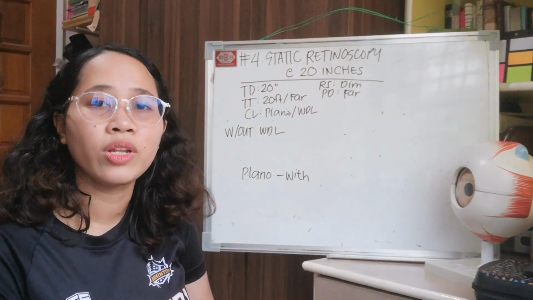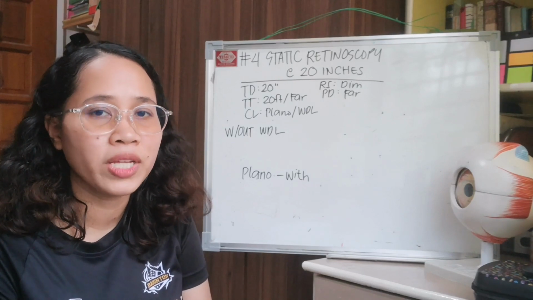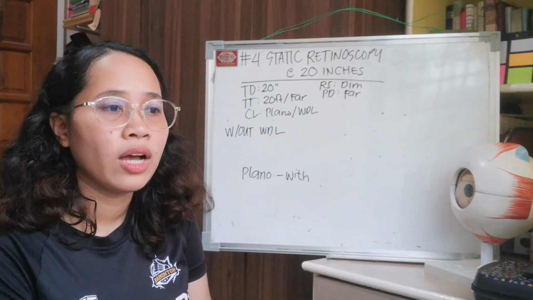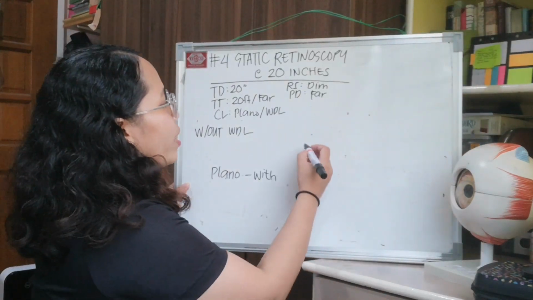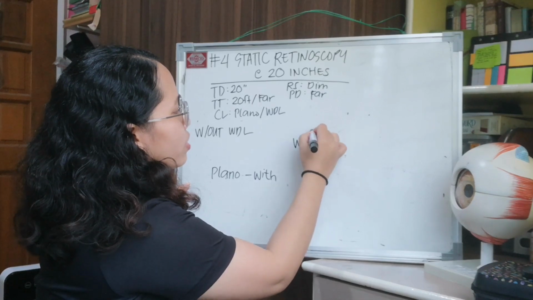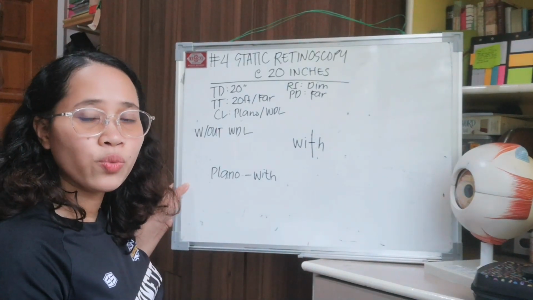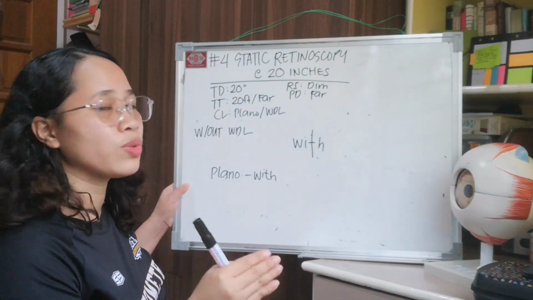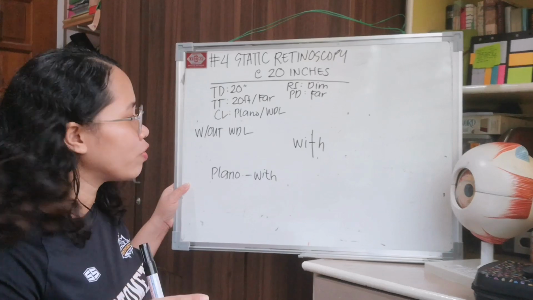So what lens will you introduce if it's with movement or if it's against movement? So let me share to you an easy way to remember it. With movement is plus. So if it's with movement, you introduce plus lens to neutralize the movement.